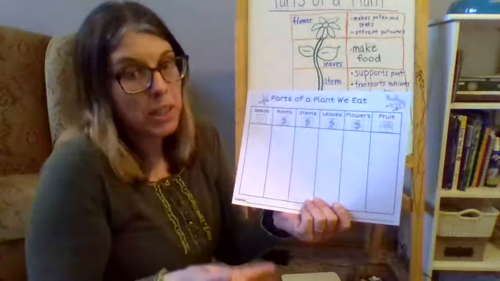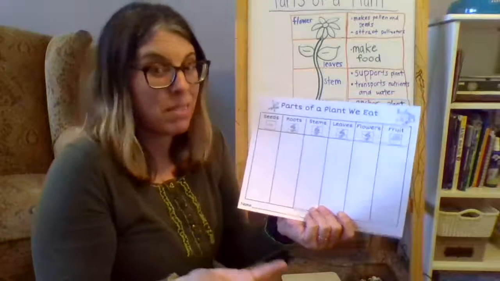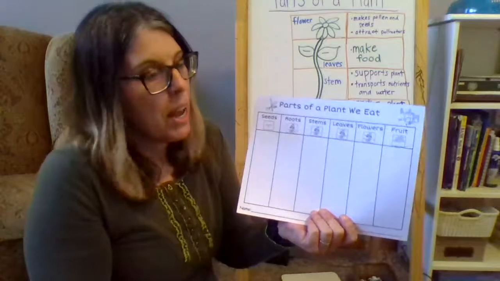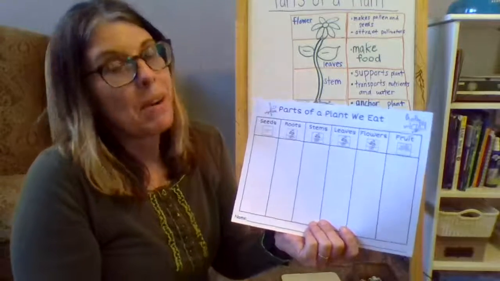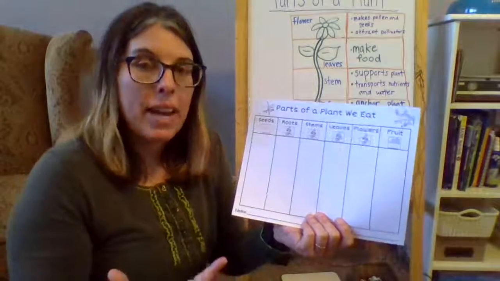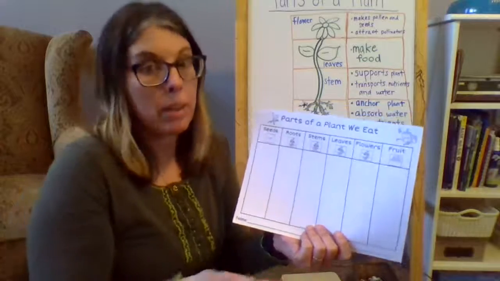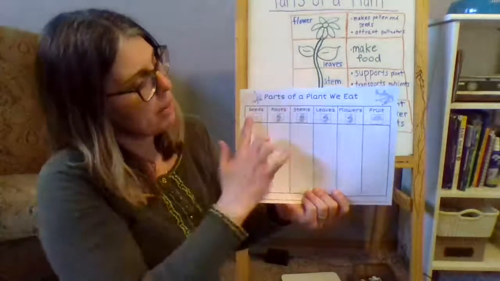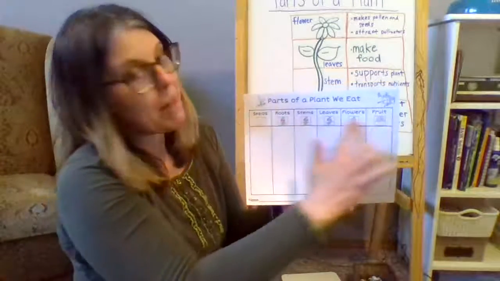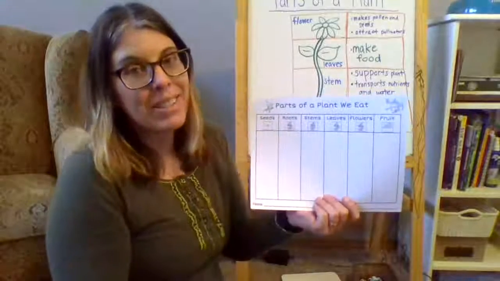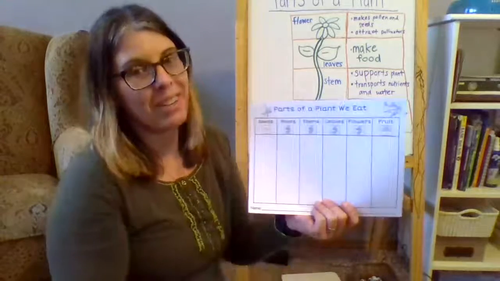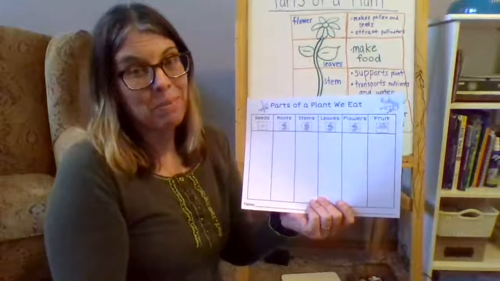Yes, no. Cheese, is that a plant? No, not a lot of cheese. Some is made from plant materials, but not all. So you're going to look at it and say, is this a plant? No. Is this a plant? Yes. If it's a plant, then I want you to think about what part of the plant it is, okay? And so see how many examples you can find of each in your house.